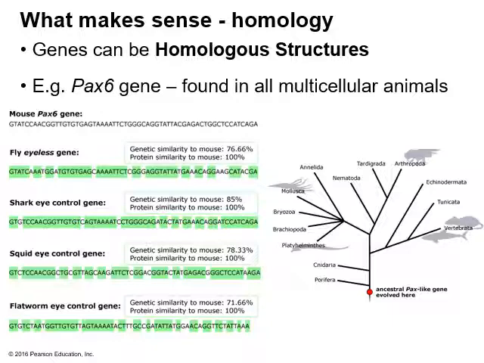Any animal that you can think of has PAX6. The reason why we all have PAX6 is because all of the animals are related to each other. Essentially, the ancestor of all of the animals had PAX6, and that ancestor passed that gene on to the animals that then came after it.